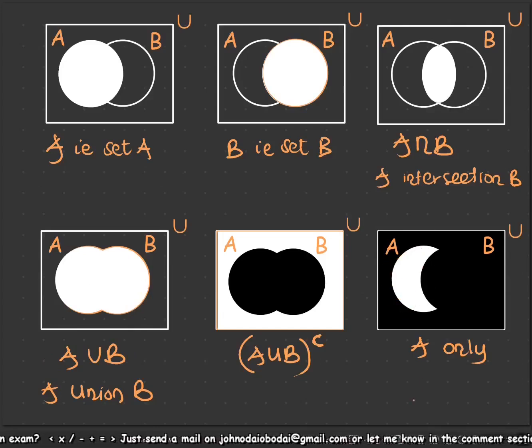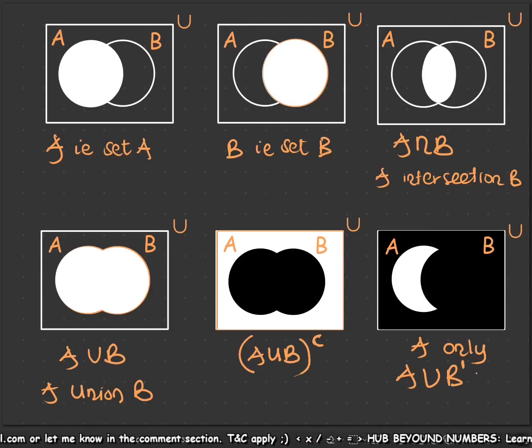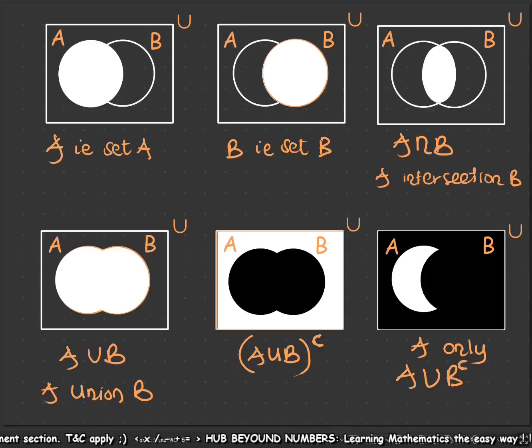So mathematically, we write it as A union B with the B being taken out. So we call it A union B prime, or you can write it as A union B complement.